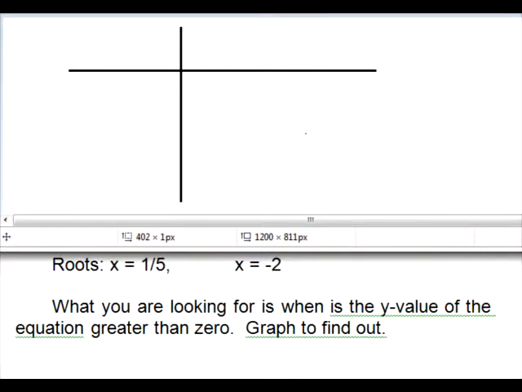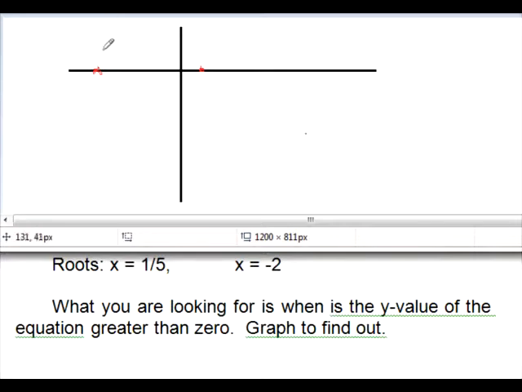Let's do it in red. This is going to be my 1/5, 0. And this is going to be my other zero over here. Sorry, I'm all discombobulated after Brooke and Madison interrupted my lesson before. Okay, so those are going to be my two zeros right there.